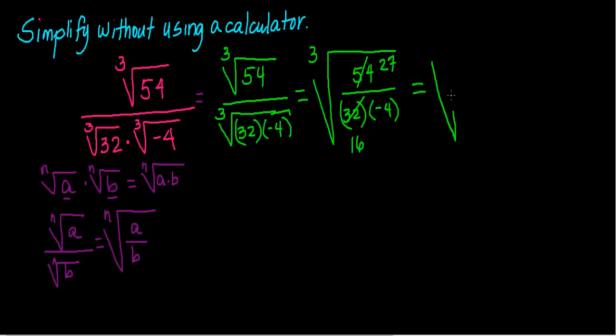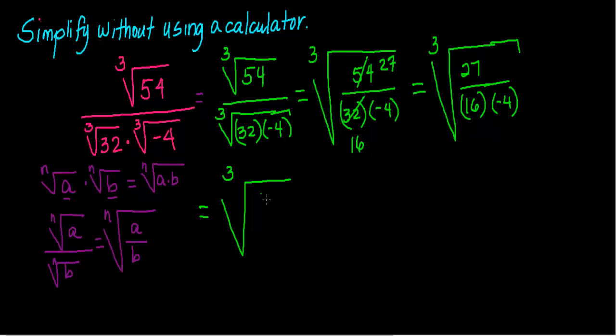So now this is what I have. I have the cubed root of 27 in the numerator, and in the denominator, I'm left with 16 times negative 4, all inside the cubed root. Now that equals the cubed root of 27 over 16 times negative 4, that's negative 64.